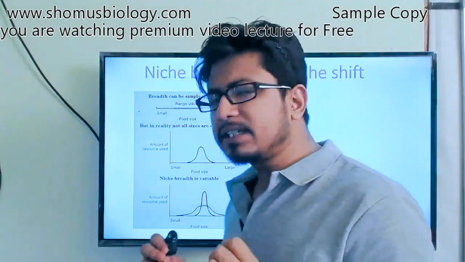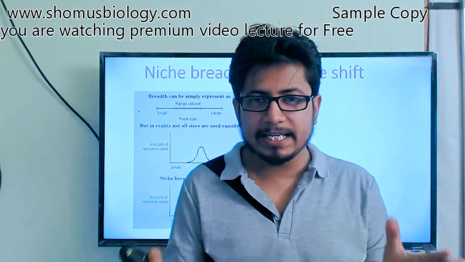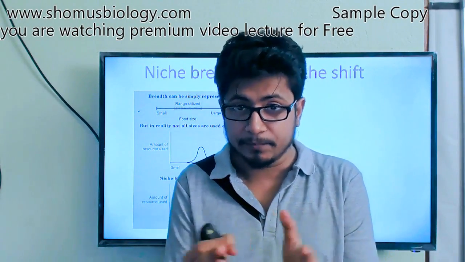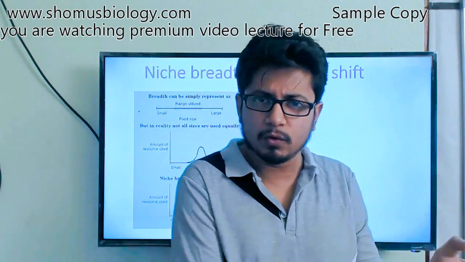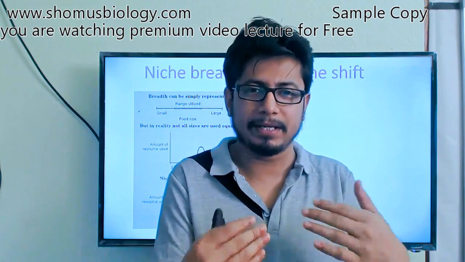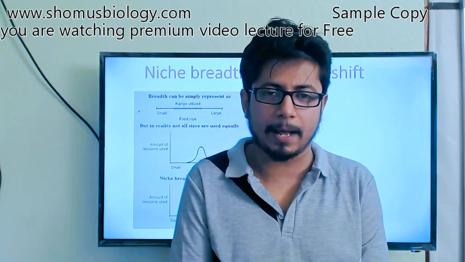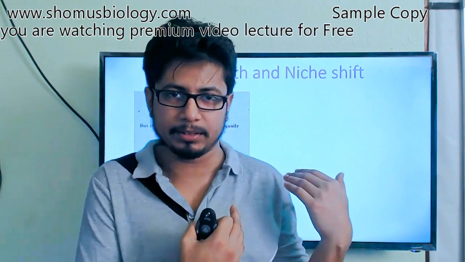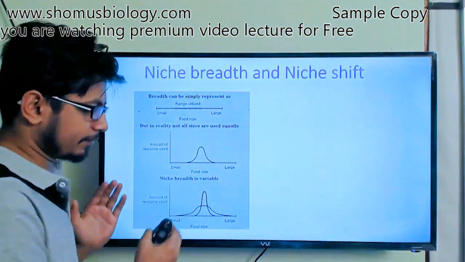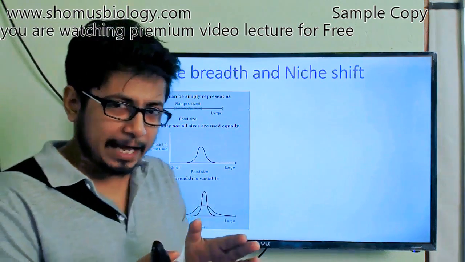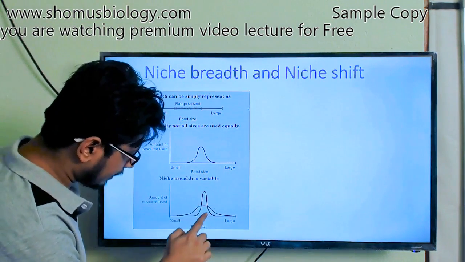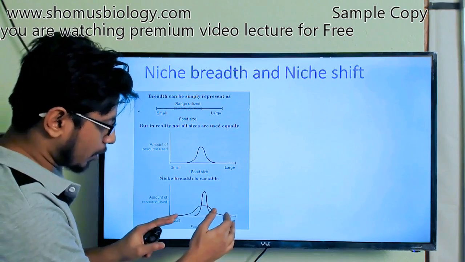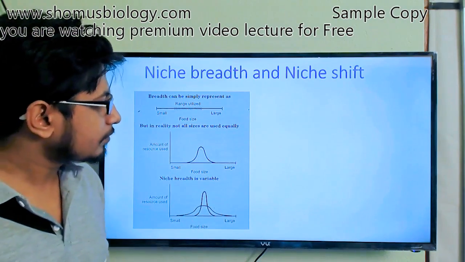So for every single organism, the niche breadth is a fixed value or range for its behavior or food habit, what kind of foods it eats, as in the example with the food source. This is niche breadth. For a few species it's very narrow, as we can see in this case, and for a few it's broad.